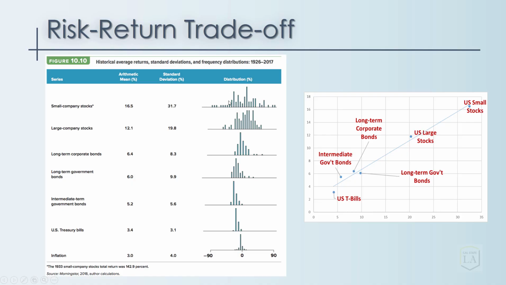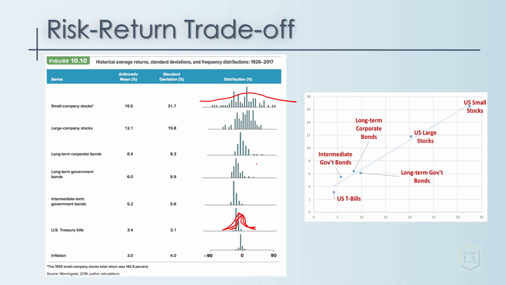So if you just take a look at its distribution, you can see that the variability of return was a lot wider for small company stocks compared to the U.S. Treasury bills distribution as well. It was kind of sticking to the mean, whereas the small company stock was very spread out like this. So you see the stark difference between the two.